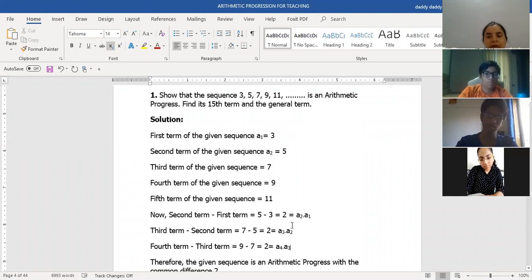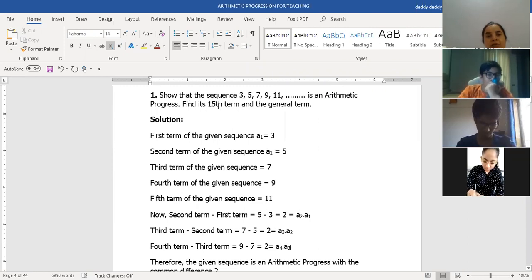So look here, A2 minus A1, A3 minus A2, A4 minus A3, all are 2 only. That means any term I am picking up and subtracting the preceding term from it, I am getting the same common difference throughout. So this proves that this sequence is an AP. This is the first part.